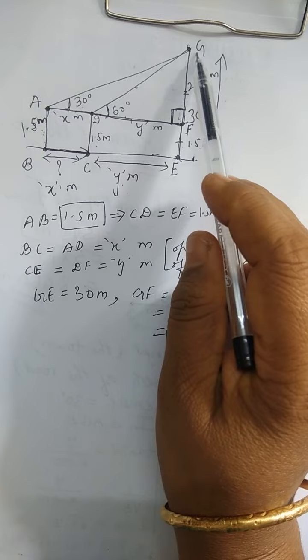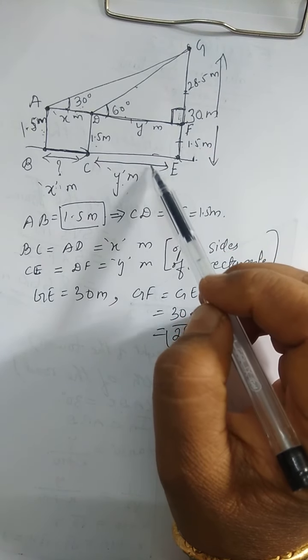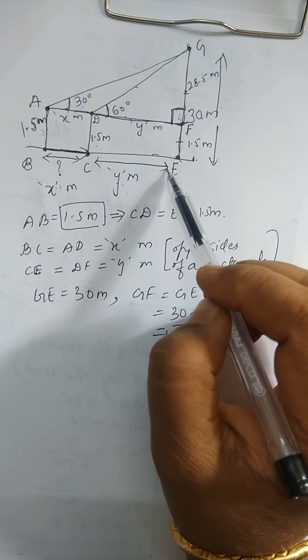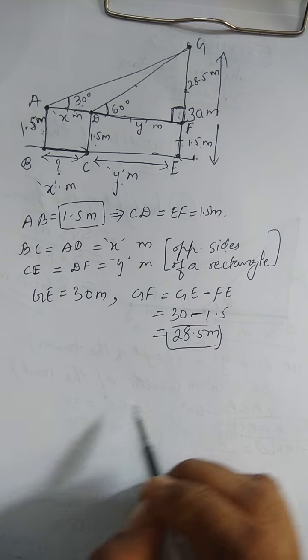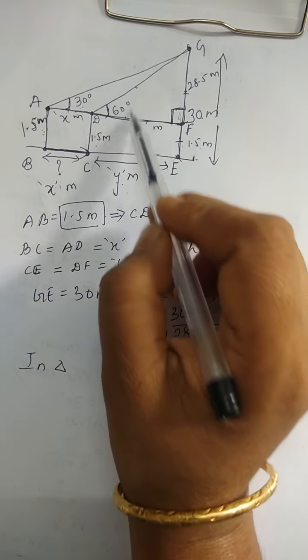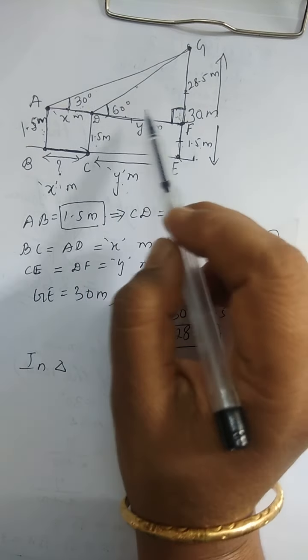For the other right angle triangle again use the tan ratio. Then calculate the value of x. We have to calculate the value of x, not y. First mention which triangle we are considering: this smaller right angle triangle. Don't consider the bigger one yet.